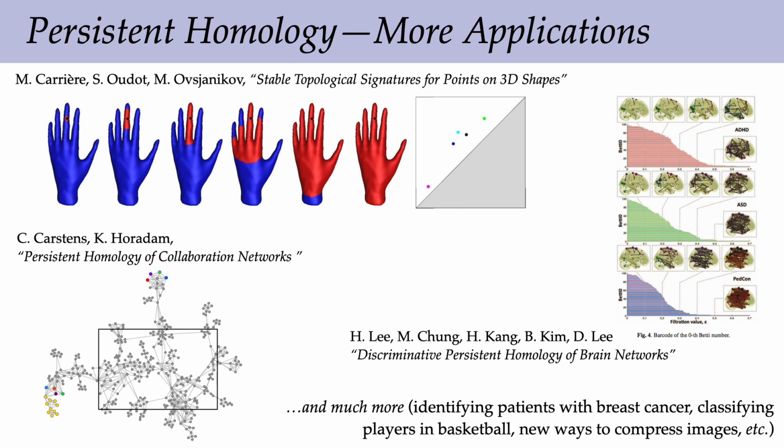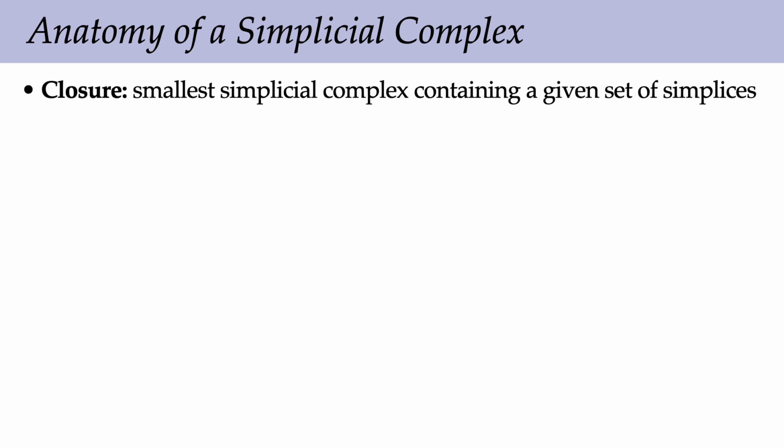Okay. So to get back to our main story, if we want to analyze simplicial complexes in this more detailed way, then we need to talk a little bit about the anatomy of a simplicial complex, different parts and pieces. One idea is the closure.